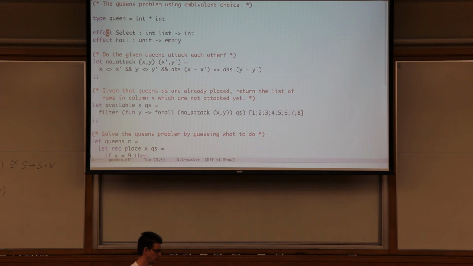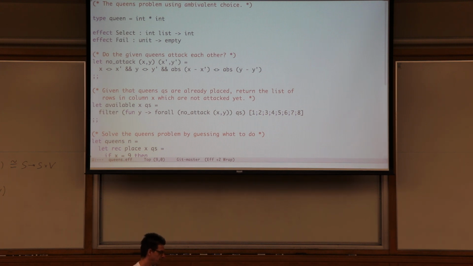Do you know the queens problem? You have an n by n chessboard, and you're supposed to place n queens on it. Let's write a program that does that using magical choice, because if it's magical choice, it should work really well. I have some queens, and I say, guess where the next queen is supposed to be, and then it will guess, and that's where I'll put it.